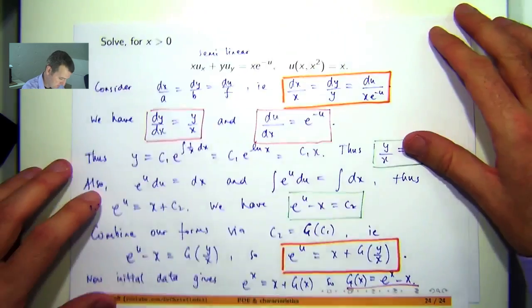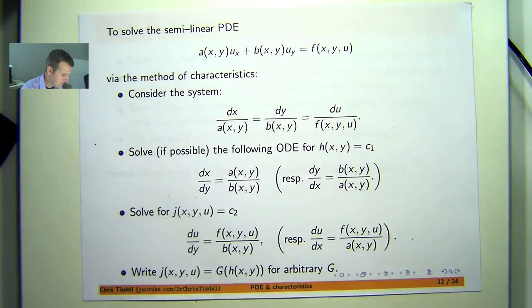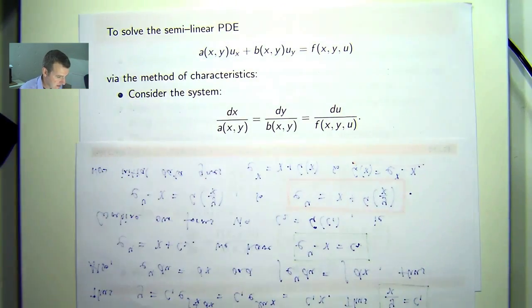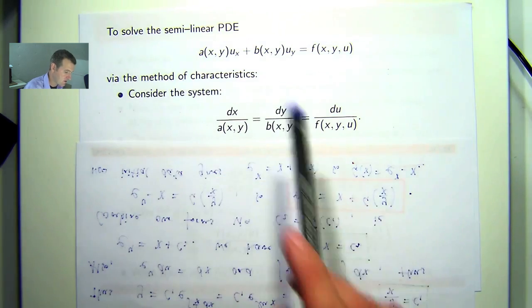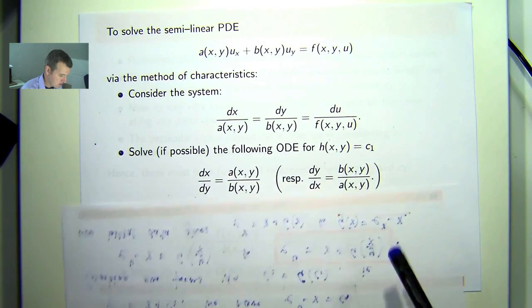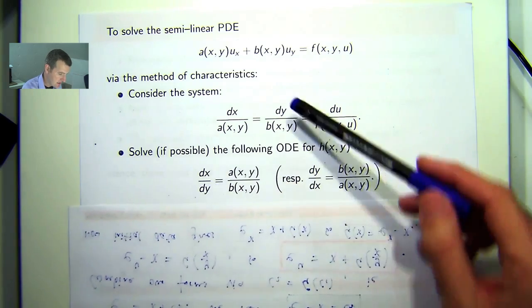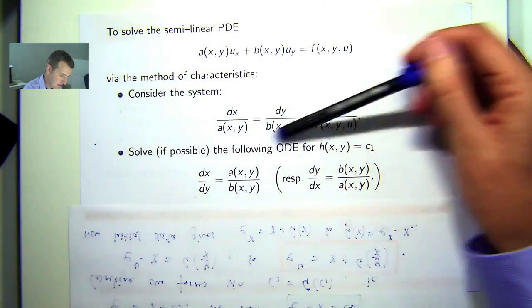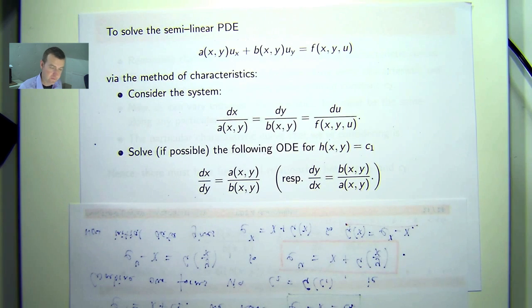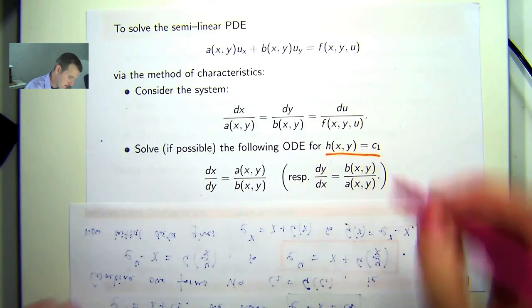Okay, so that's an example. Let's run through the ideas here. To solve the semilinear PDE via the method of characteristics, solve this system. You produce two ODEs. Luckily, when you form an ODE out of these two, there's no u involved, so the equations uncouple, if you like. So you can come up with some expression like this.